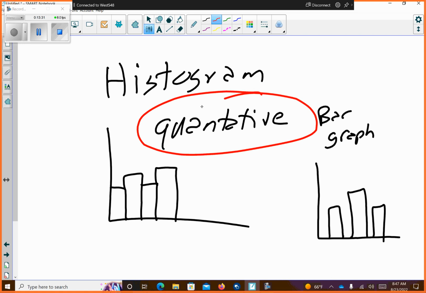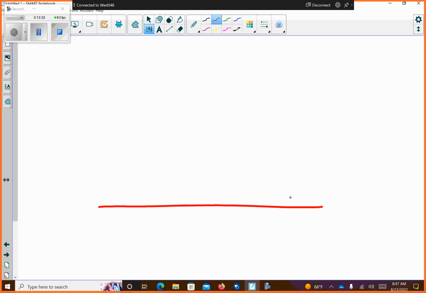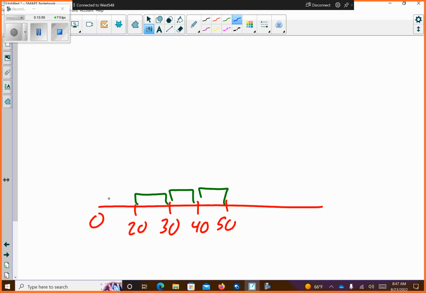So let's just make sure we feel comfortable with what I'm trying to say. On the bottom, it goes from 0 to 20, and then that's the same distance to 30, same distance to 40, same distance to 50, etc. So these distances here are the same. But this distance here, though it appears to be lesser, I mean, this is a distance of 10, right, between each of these. But then this distance right here is a distance of 20, because from 0 to 20 is 20. But that marking on the paper is smaller.